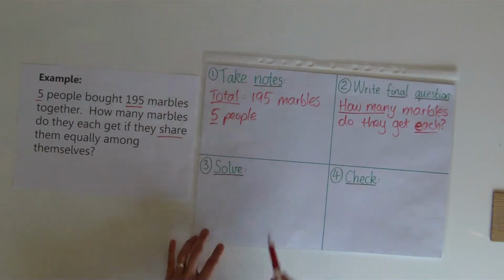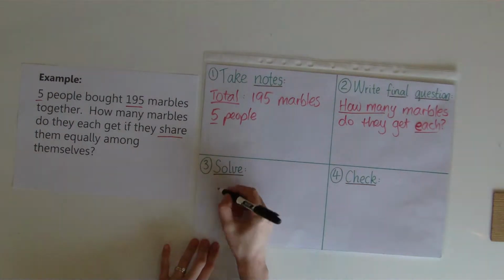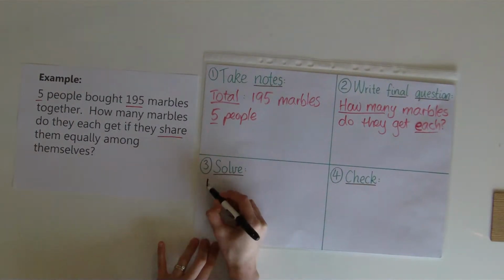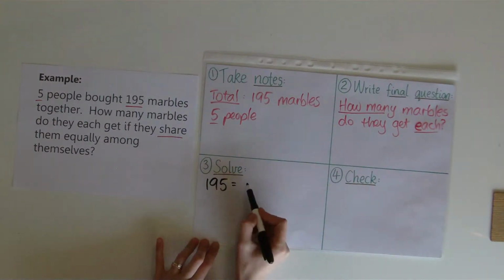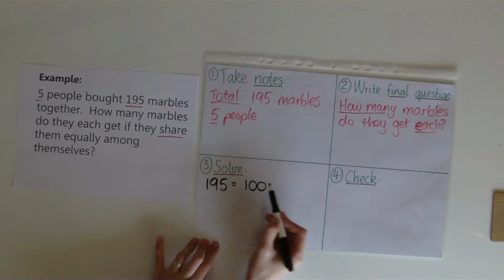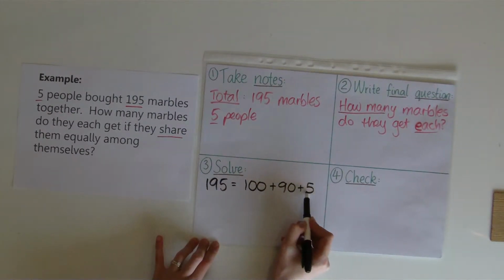And there's 5 people. So to solve this problem, I'm going to show you how to use the cluster division method. It's pretty much similar to the cluster multiplication strategy, in that you basically break the number up. So we're going to break up 195 into 100 and 90 and 5.